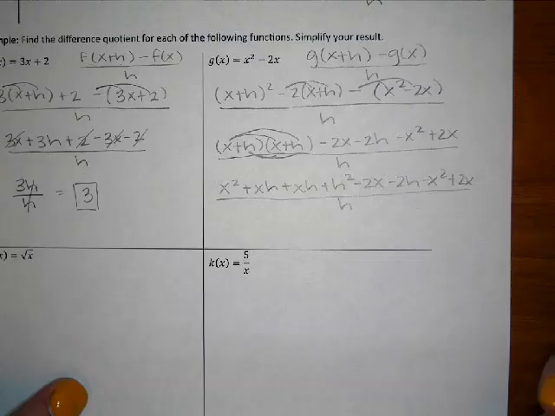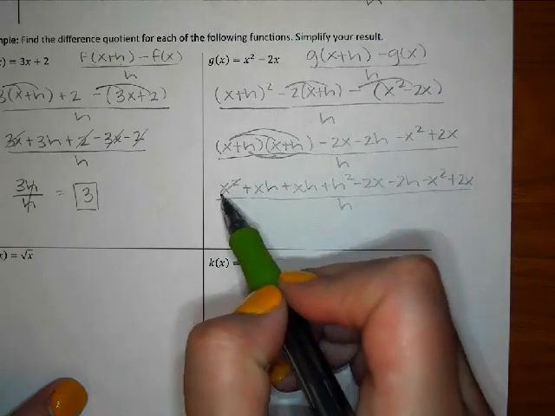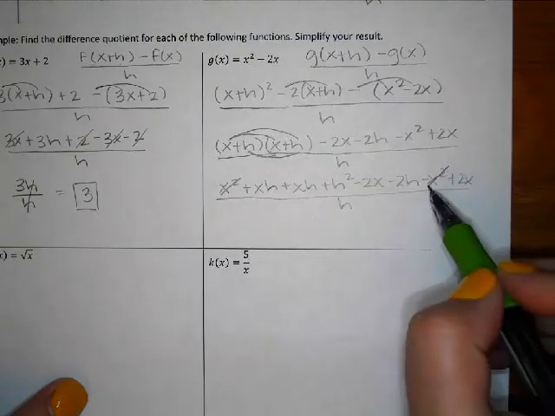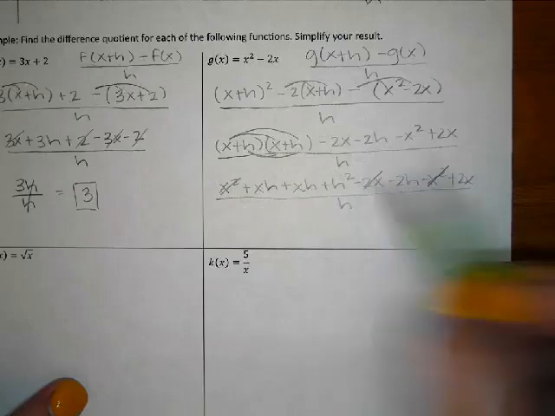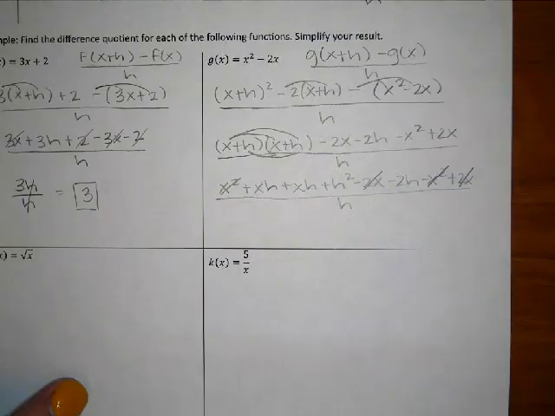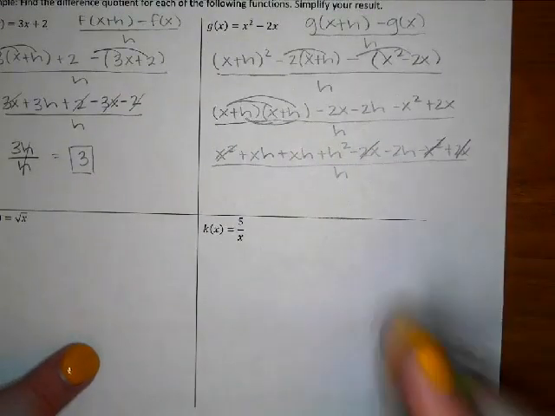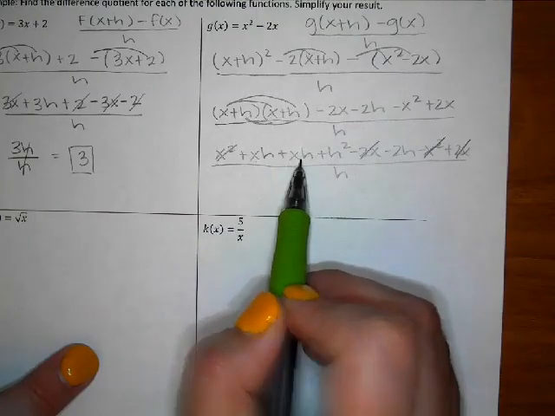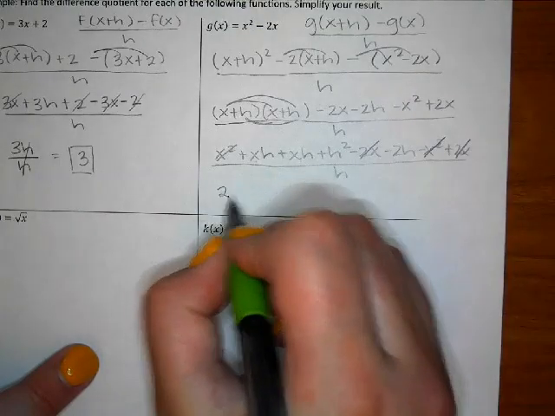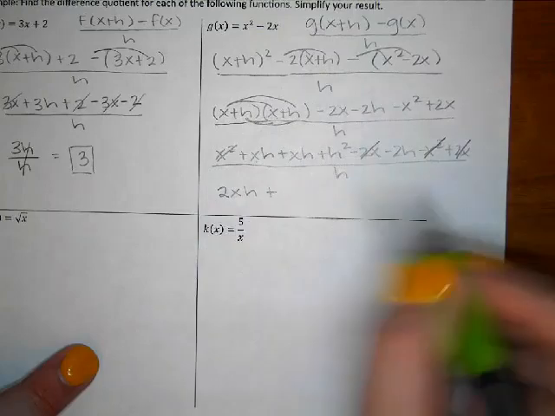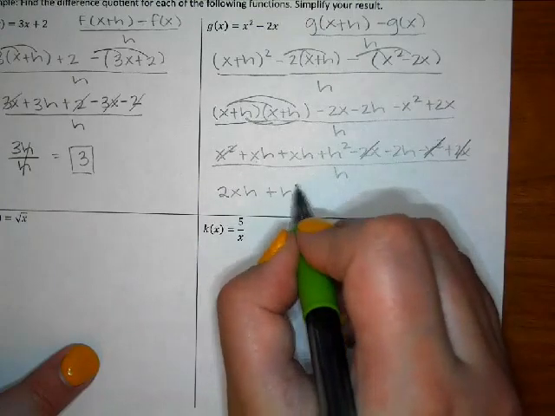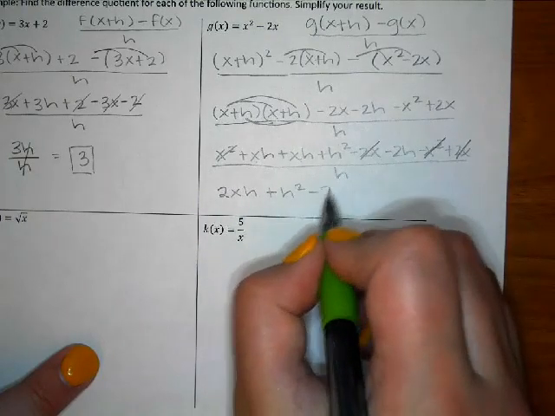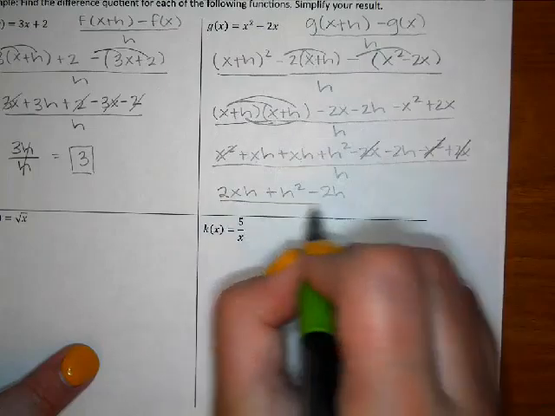So x squared, 2x. So I'm left with, I have 1xh and another 1xh, so altogether that's 2 of them, plus h squared minus 2h, and all of those are divided by h.